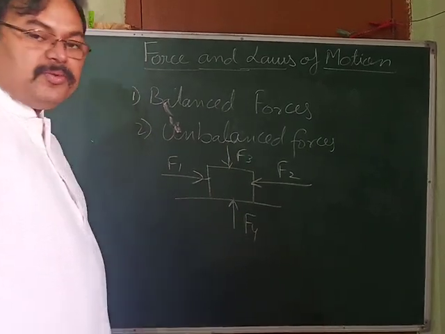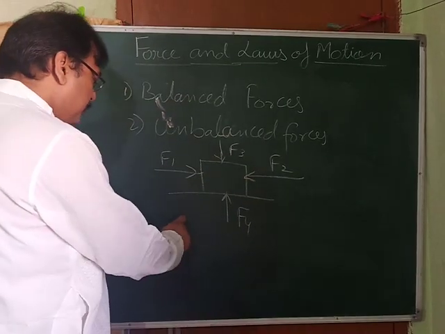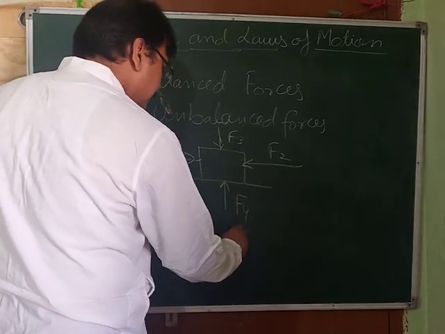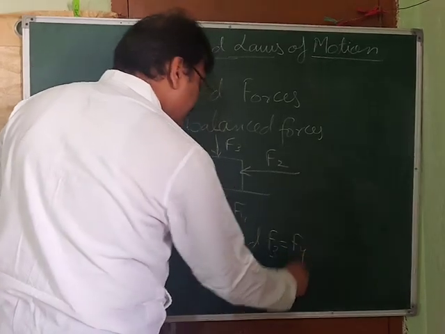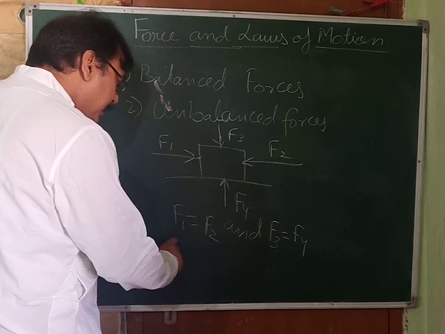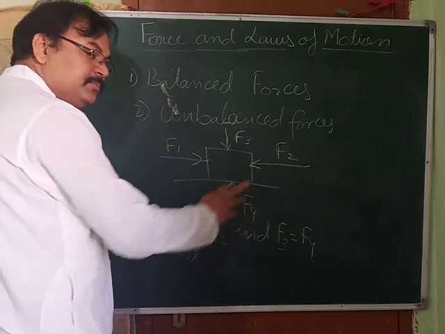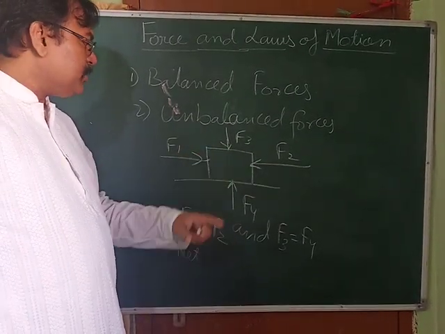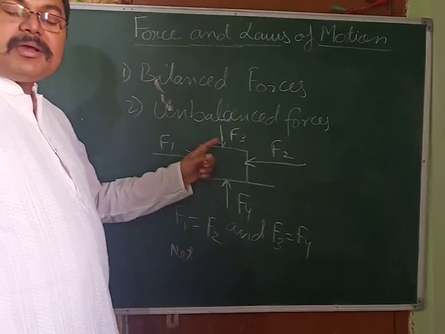Now, if you find that F1 equal to F2 and F3 equal to F4, then what will happen? F1 will cancel F2, it will balance F2, so these will cancel each other, and this F3 will cancel F4, or you can say F3 will cancel the effects of F4.